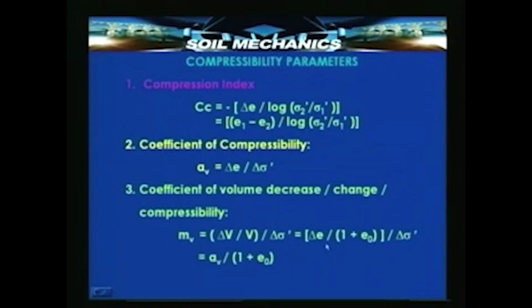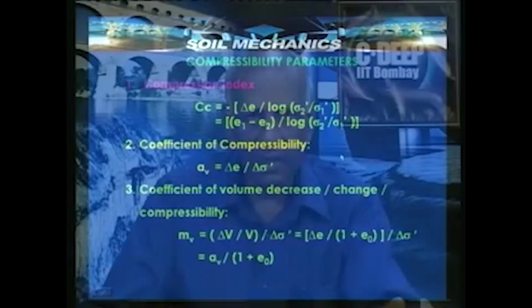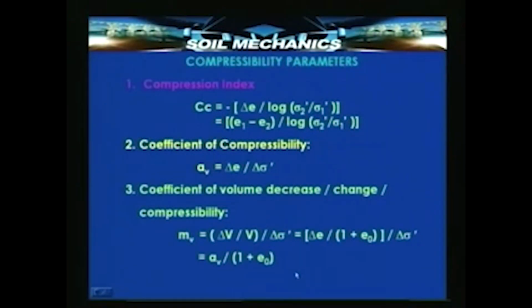So, this will be in terms of void ratio, delta e divided by 1 plus e0, divided by delta sigma dash. If we try to relate it to the coefficient of compressibility, which is also a very important and convenient parameter, then we get that this parameter mv is nothing but av divided by the original volume of the sample or soil, which is 1 plus e0.